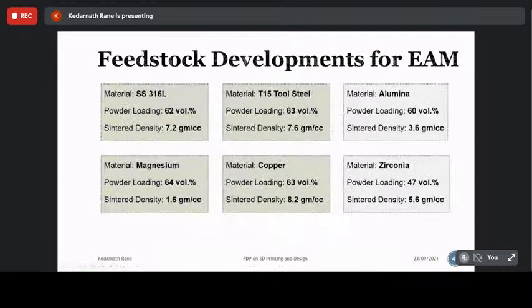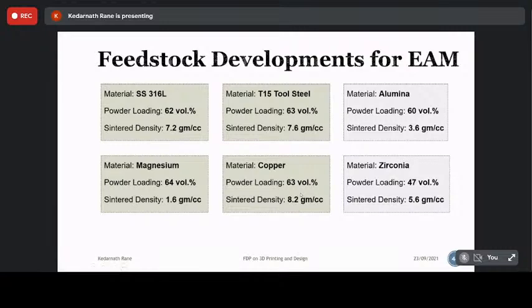So during the studies, we used 6 different feedstocks, 4 metallic and 2 ceramic. In the metallic feedstocks, again, there is diversity: stainless steel, and magnesium, again a challenging material for other additive manufacturing, but it is very much viable and easy to manufacture using the EAM process. Copper is a very big challenge for laser-based systems because of the reflectivity.